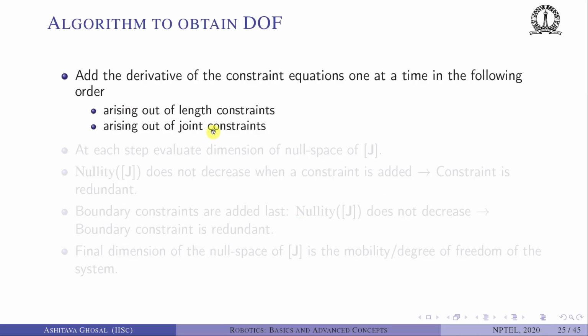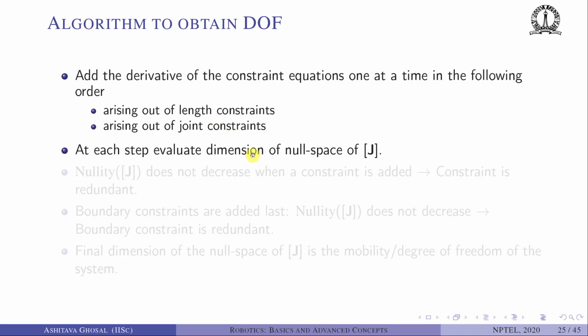So let's go back and see how we can obtain the degree of freedom of a mechanism with constraint equations. We add the derivatives of the constraint equations one at a time in the following order. You first add the constraint equations arising from length constraints, then those arising from joint constraints.